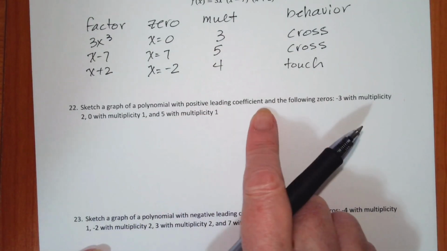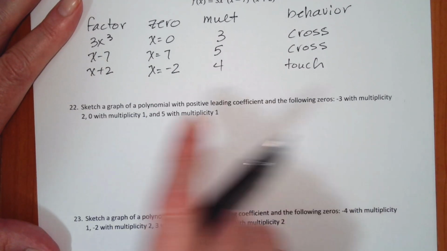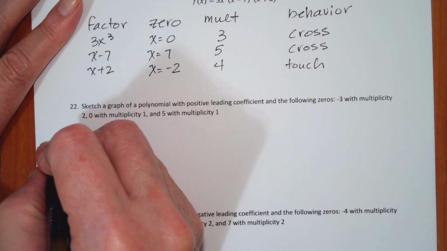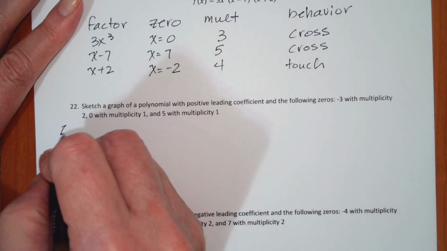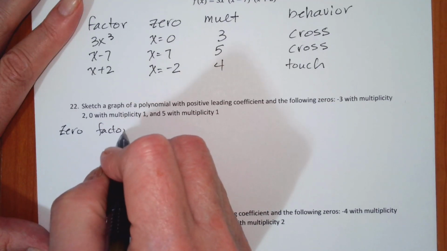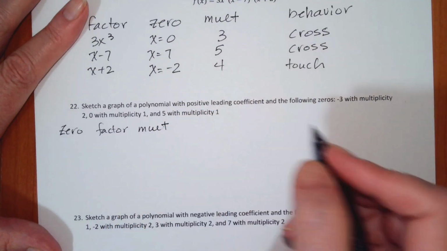Okay, sketch a graph of a polynomial with a positive leading coefficient and the following zeros. Okay, so I have 3 with a multiplicity of 2. So I'm going to start with the 0, the factor, and the multiplicity.